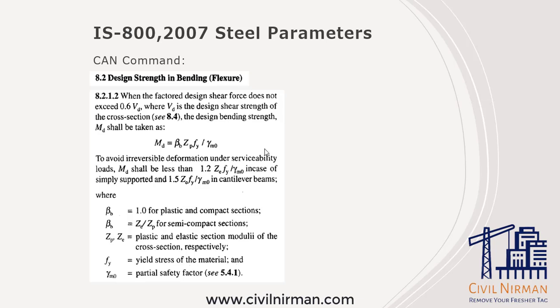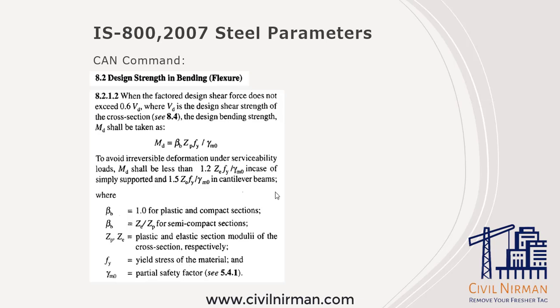Now if I have to show you the clause, as per IS 800, this clause checks the design bending strength as per this particular formula, and it has a limiting value that Md shall not be less than 1.2 times Ze Fy upon gamma m0 in case of a simply supported member. So at this portion we have to assign CAN as 2 wherever we are considering a simply supported beam, and 1.5 times Ze Fy upon gamma m0 for cantilever beams.